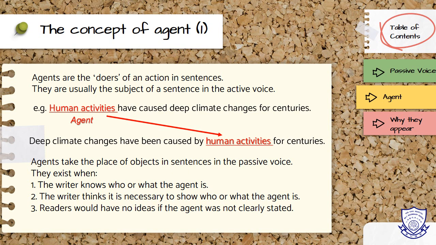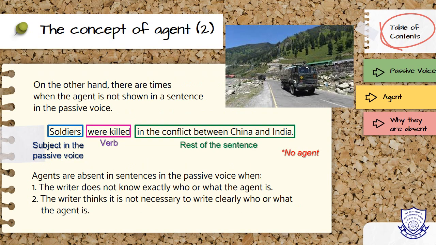And number three, readers would have no idea if the agent was not clearly stated. So these are the three situations where you should write, or see, the agent in a sentence in the passive voice.